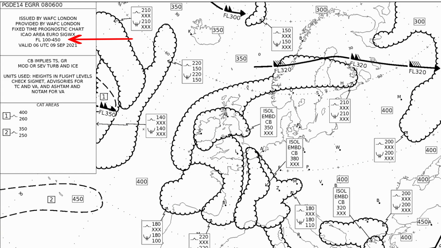This chart actually covers different layers, okay? For example, the chart that the airliners normally use is the mid-level significant weather chart. What does it mean? It is a chart that covers from flight level 100 all the way up to flight level 450. Then we have another chart, the high-level significant weather chart, which covers from flight level 250, for example, all the way up to flight level 630.